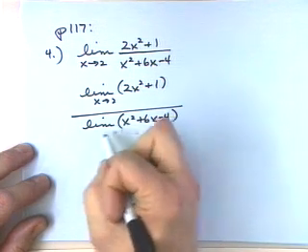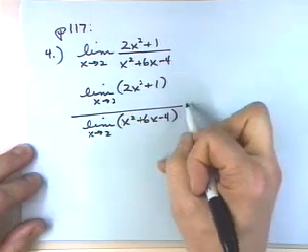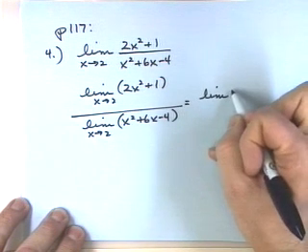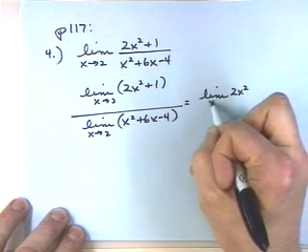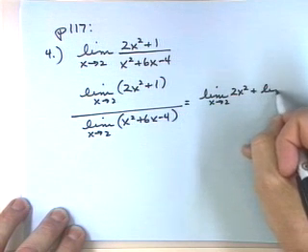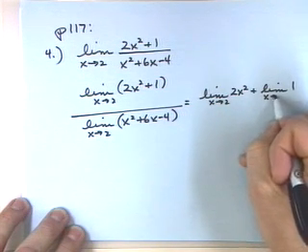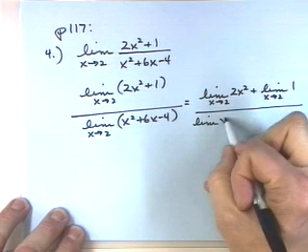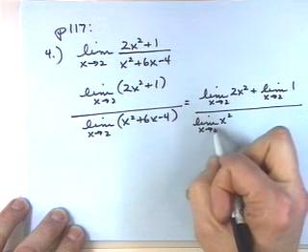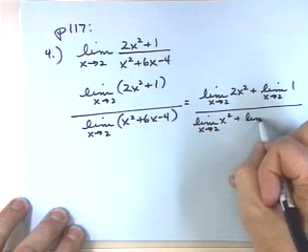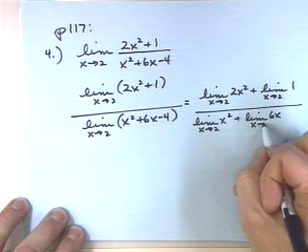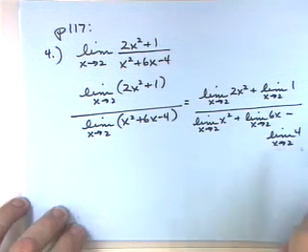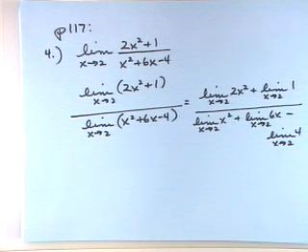Limit of a quotient is the quotient of the limits. And then you could break this down further by saying the limit of the sum is the sum of the limits. So these are limit laws. Overkill? Yes, probably at this point.